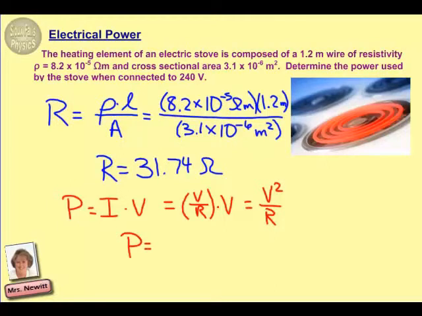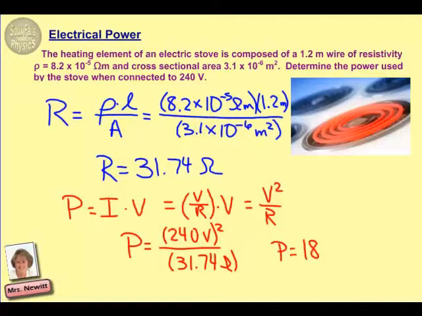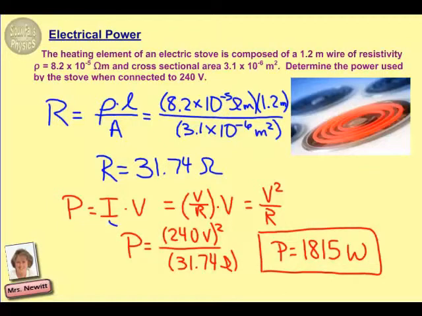So in this case, our power, the voltage was 240 volts, resistance was figured at 31.74 ohms, and calculating that out, we find a power of 1815 watts. Notice that we would have found exactly the same answer if we had included an actual value for the current and included that in the equation multiplying by the voltage of 240 volts.